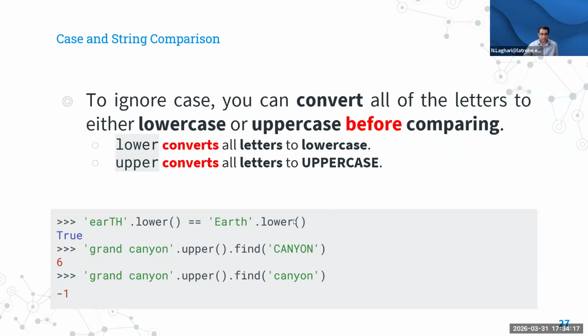Okay, so now here you see we have earth lower equal earth lower. So here what it is doing is converting the whole thing earth into lower, and it is also converting the right hand side to lower and comparing the lower letters of both strings, and it returns us true. Or you can use upper as well if you like.